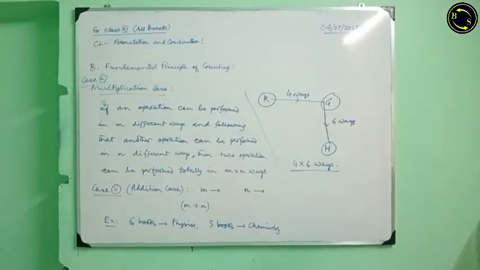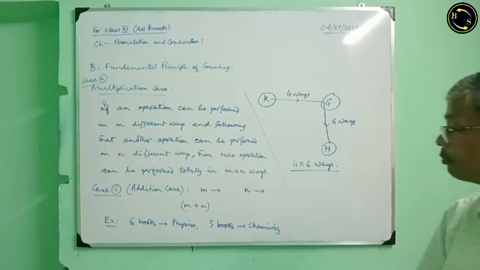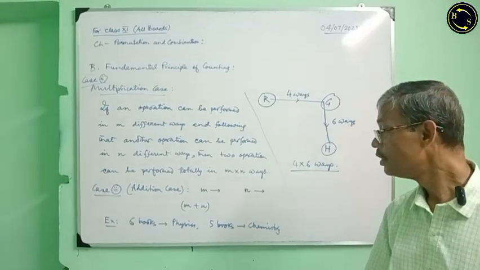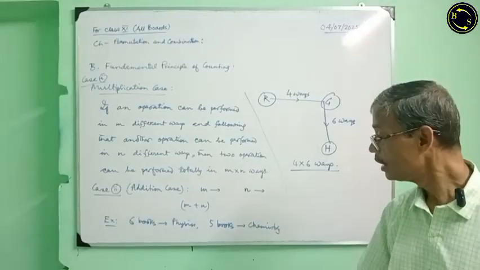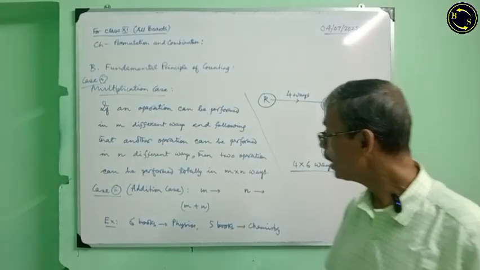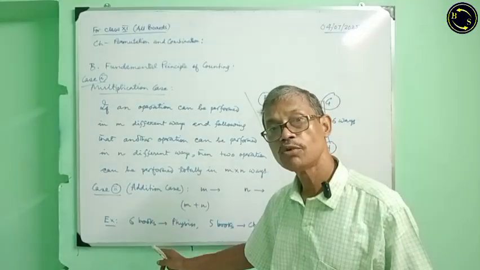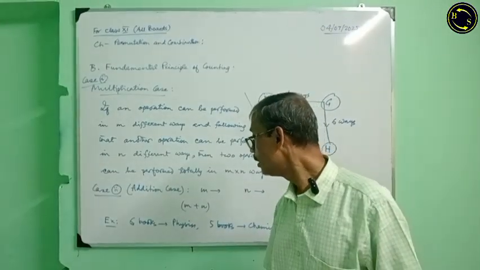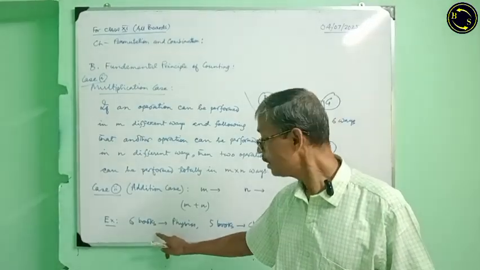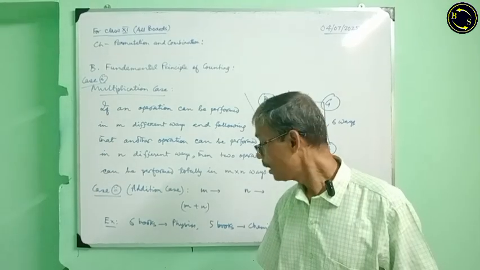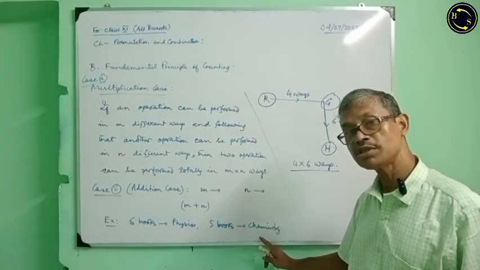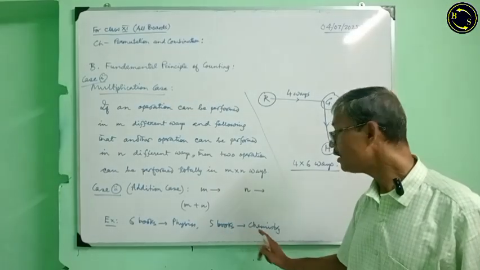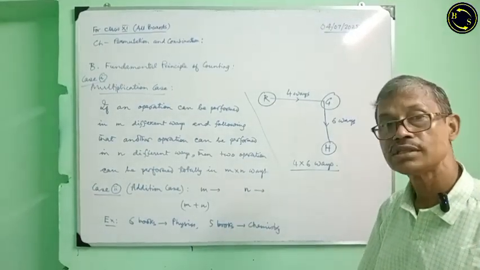If he buys a physics book, then he can do that in 6 ways, and if he wishes to buy a chemistry book, then he can buy in 5 ways.